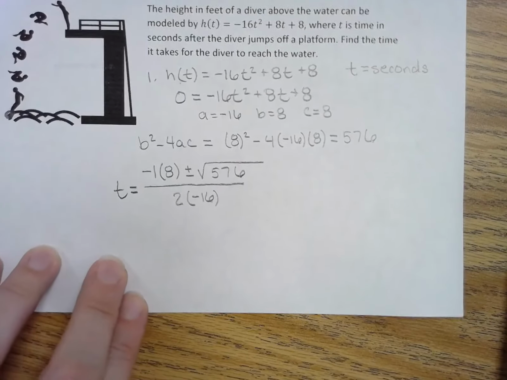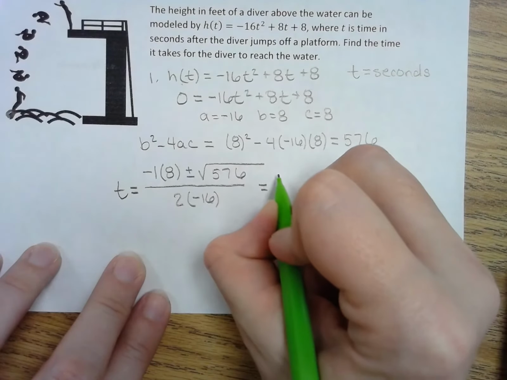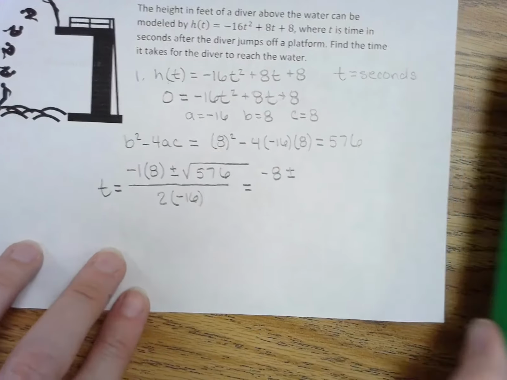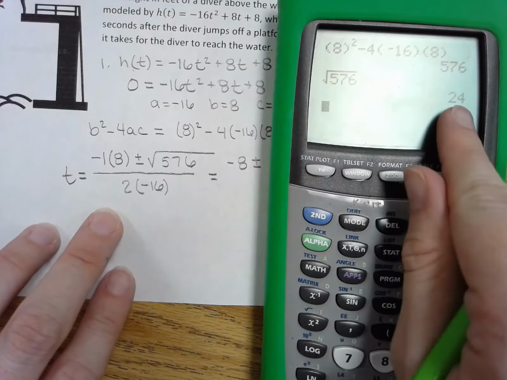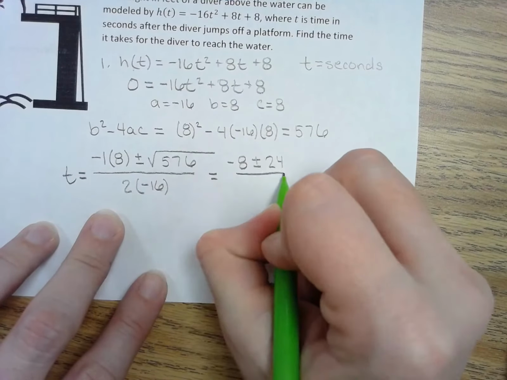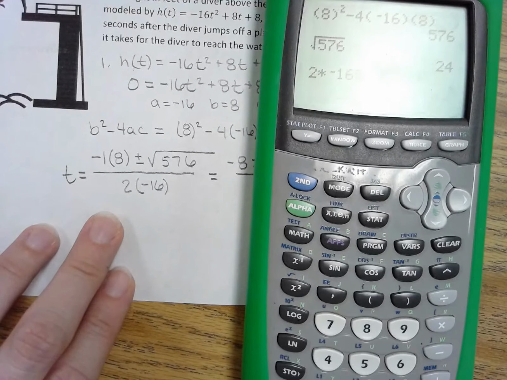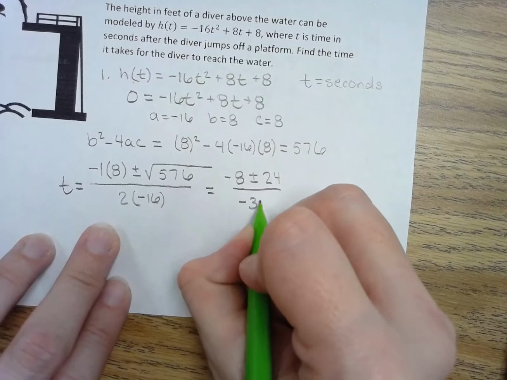So let's simplify each part. Here we have negative 1 times 8, so that's negative 8, plus or minus the square root of 576 gives us 24, over 2 times negative 16 gives us a negative 32.